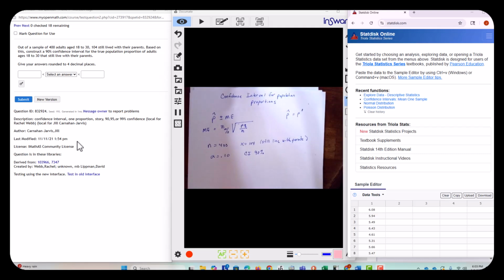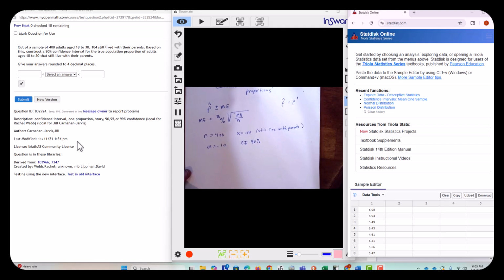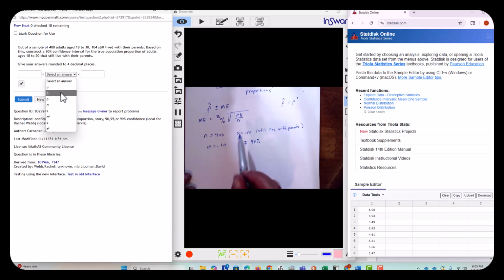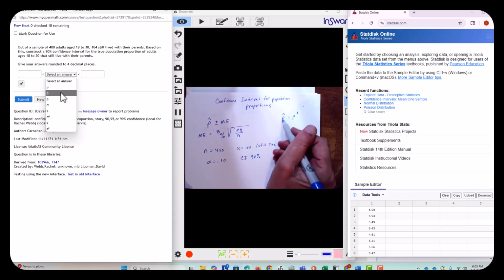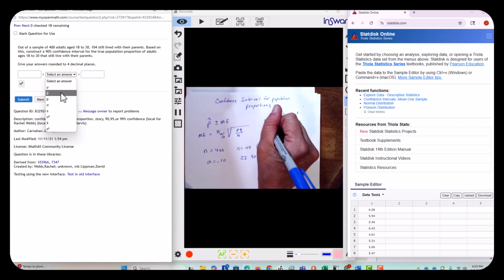So let's go here. The question asks for the true population of adults that live with their parents, rounded to 4 decimal places. Let's see what we're given here. Now, we are estimating a population proportion.